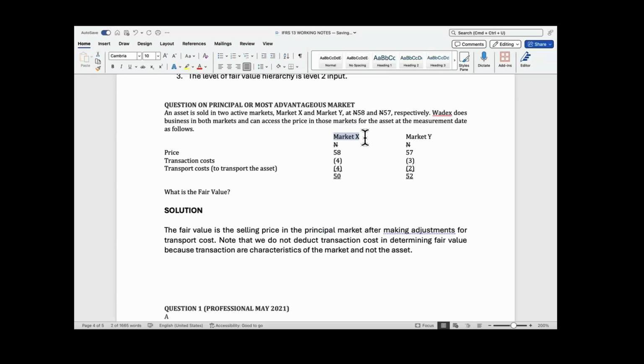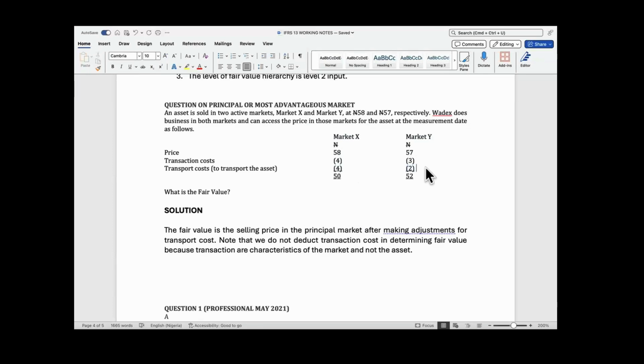In that case, the fair value is this selling price minus the transport cost of 4 naira. That means the fair value is 54 naira. Let's assume market Y is the principal market. That means my fair value is 57 naira minus my transport cost of 2 naira, and that's 55 naira.